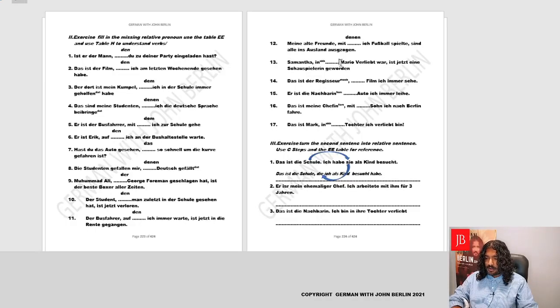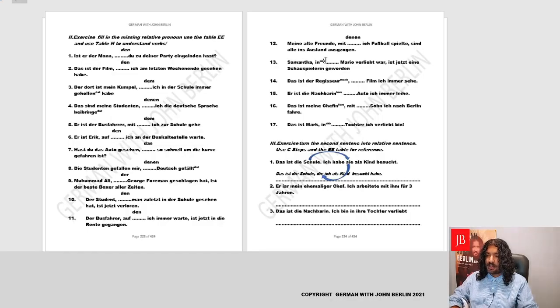We need to find the relative pronoun here for this sentence. So the verb here is war verliebt. It's an adjective. So verliebt is to fall in love. So basically war verliebt is the verb. So who has fallen in whose love? So it's basically Mario has fallen in love with Samantha. Yes. So in here is accusative.